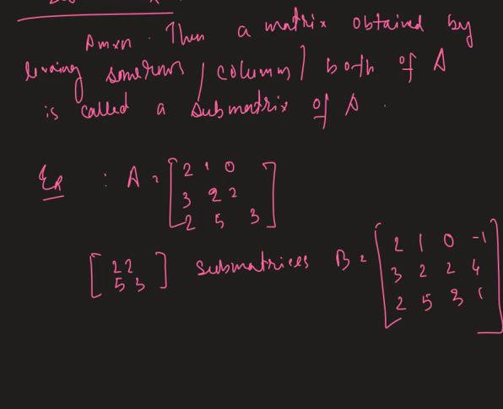As we can see, this is a submatrix and this is also a submatrix. 2 2 5 3, and this is another submatrix 2 1 0 3 2 2 2 5 3.